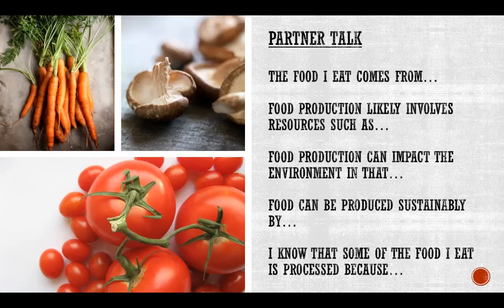How can you relate that to your food? And then lastly, I know that some of the food I eat is processed because when we start looking at fresh food versus processed food, there are differences in terms of what that does for our bodies as well as what that does for the environment.